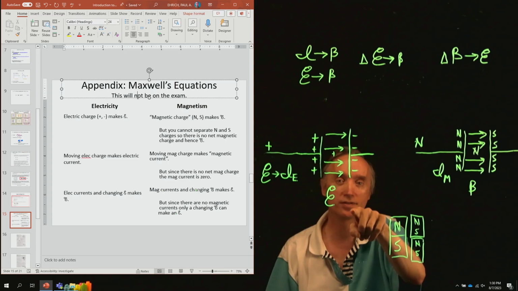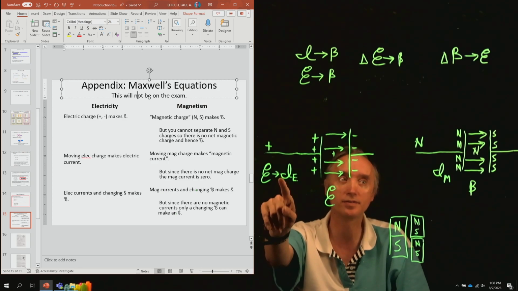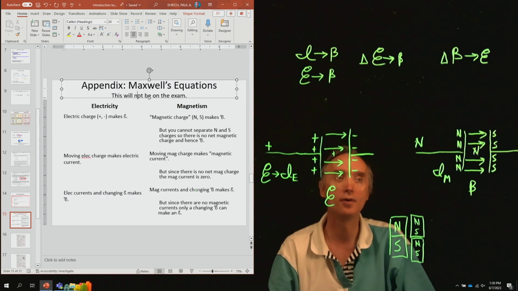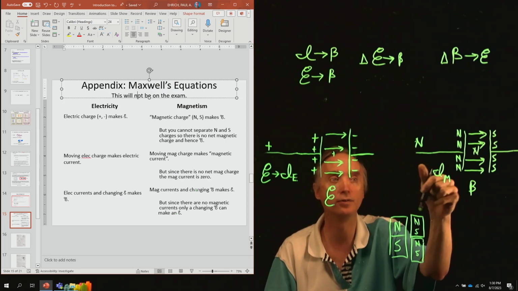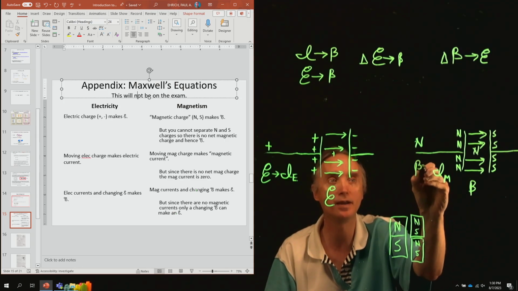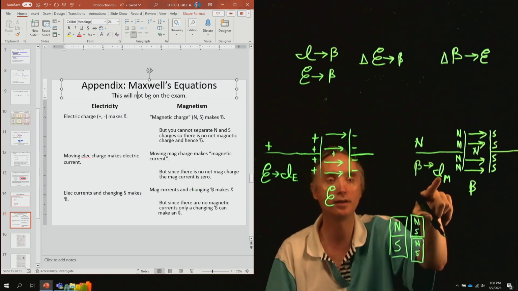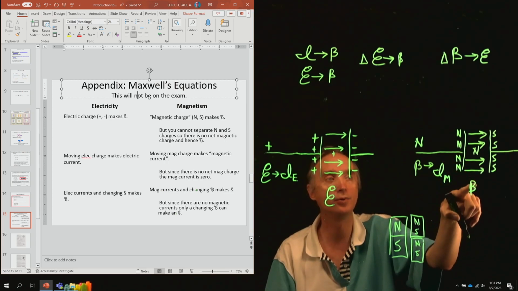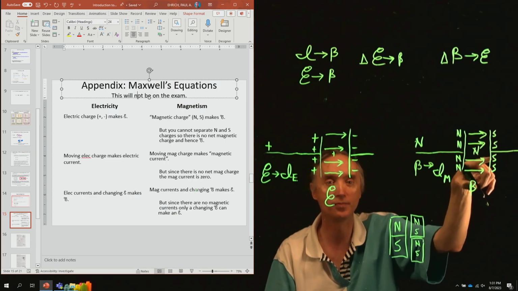Okay, let's go on to the second one there. Moving electrical charge makes an electrical current. So that's this one here. So magnetic charge, or magnetic current, would have to be made by a magnetic field. So a magnetic field would make a magnetic current, and then you would have this magnetism in between the poles.